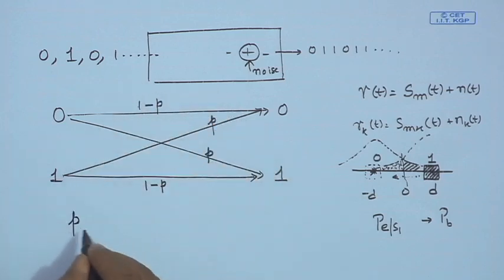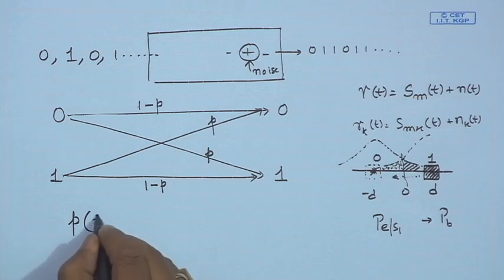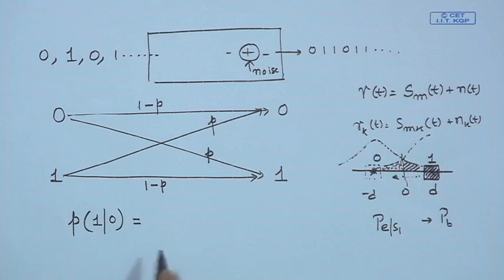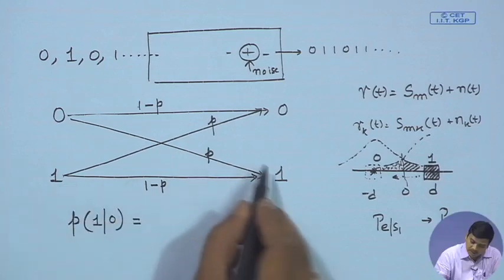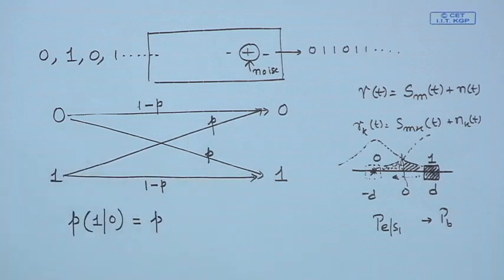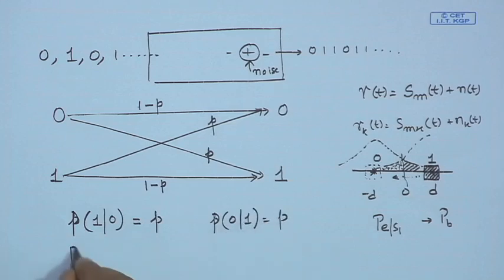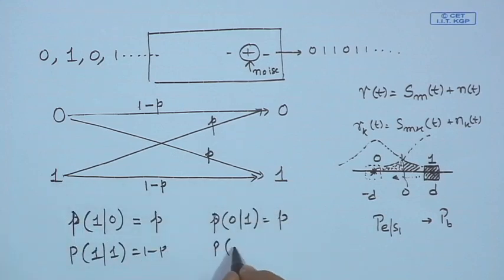That means, the probability that I get a 1 when a 0 is transmitted is p, and the probability that I get a 0 when a 1 is transmitted is p. The probability that I get a 1 when 1 is transmitted is 1 minus p, and the probability that I get a 0 when 0 is transmitted is 1 minus p.